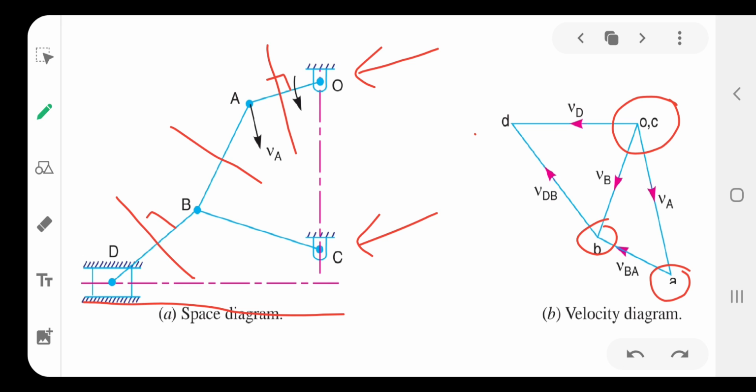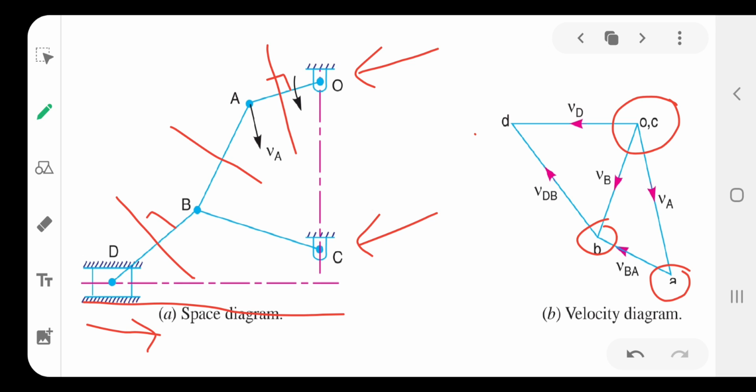Then in this problem we have to calculate the linear velocity of this slider, and its magnitude is related to the relative velocity only in the horizontal direction.